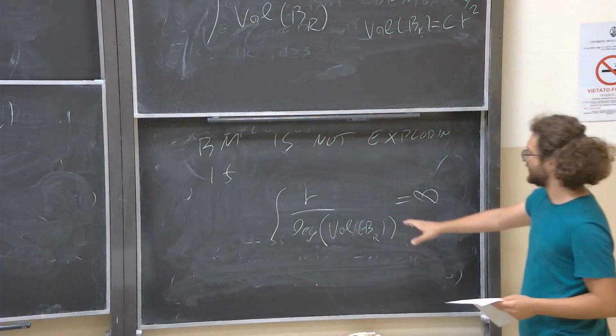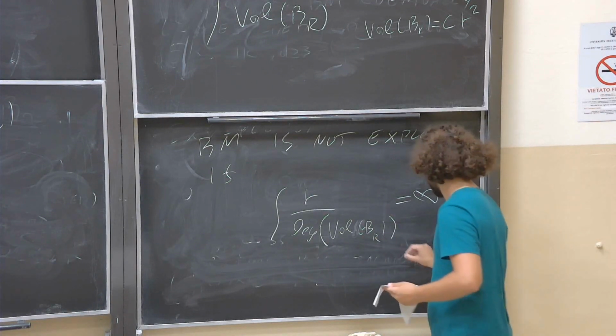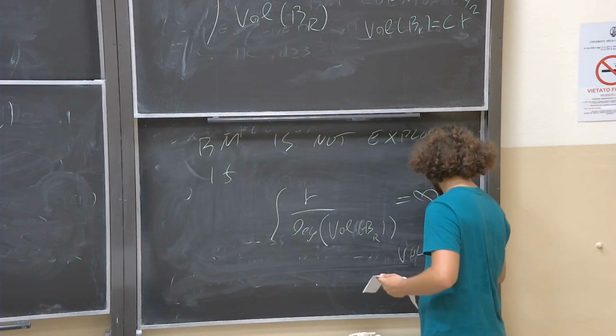If this condition is satisfied, there's no explosion of Brownian motion. This happens if, for example, we have volumes that are really big.